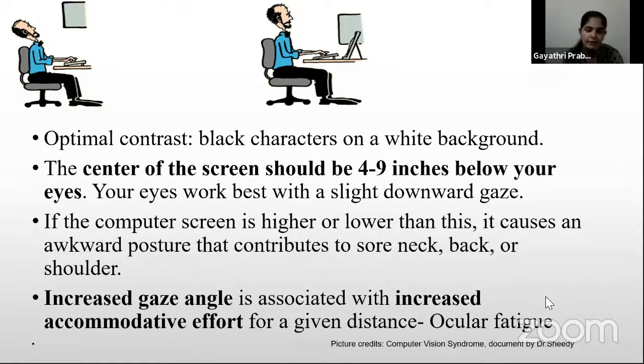Ideally recommended is something like black characters on a white background, but people like to use colors. They love color combinations, and hence they use a variety of them. It is absolutely fine to use different color combinations, but just ensure that the background is lighter and the characters are much darker, so that they stick out from the background and can be identified easily.